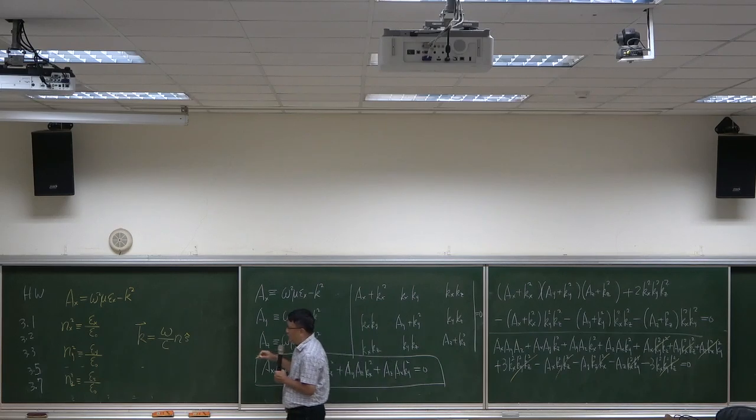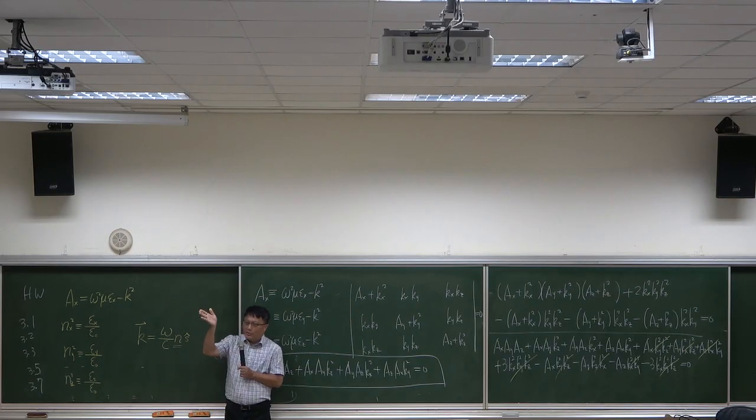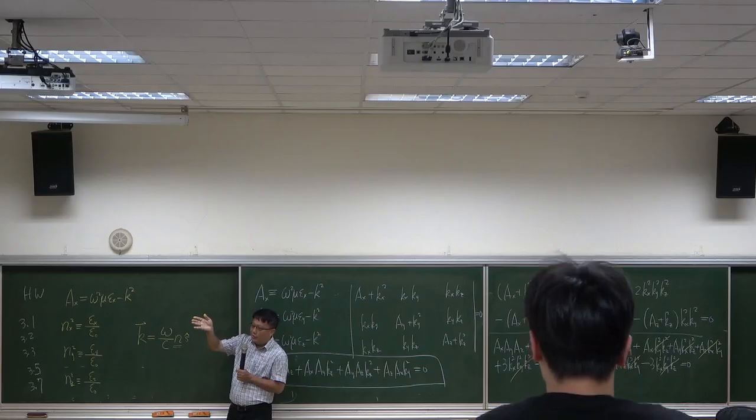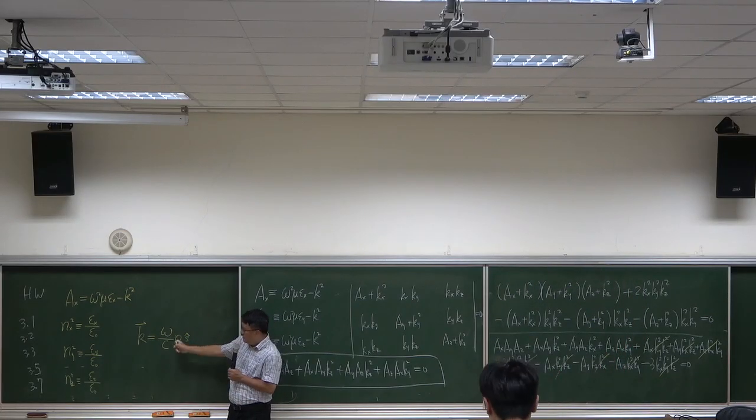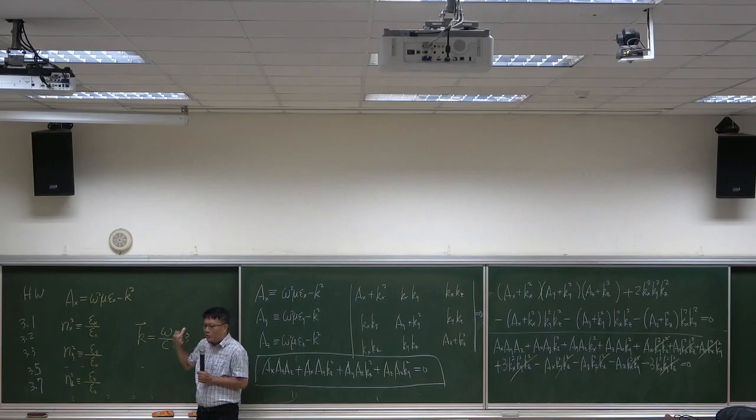I will show you that the refractive index n is a function of direction. You change propagation direction, then usually you change the refractive index. It is a variable that we need to solve.